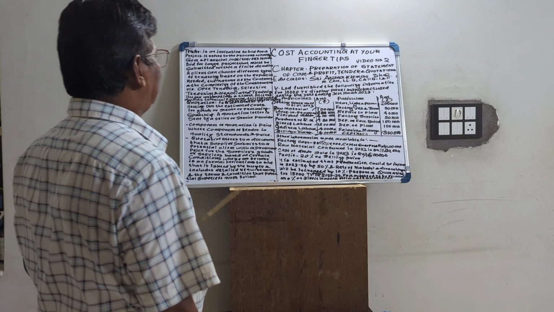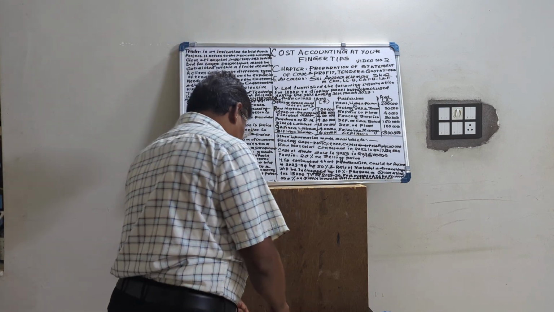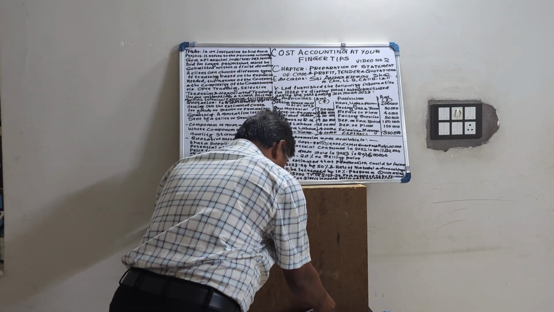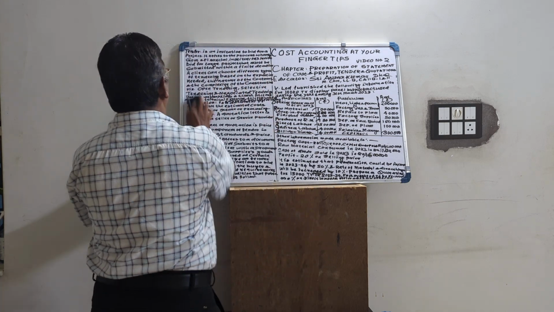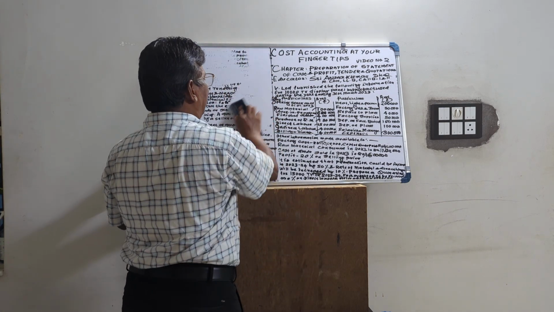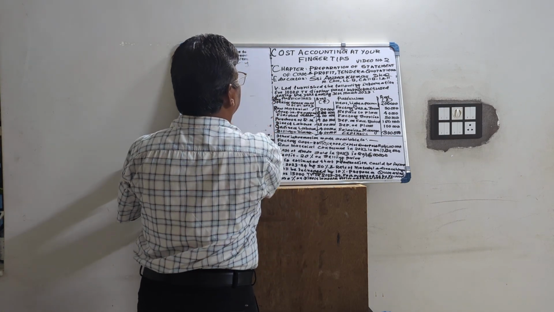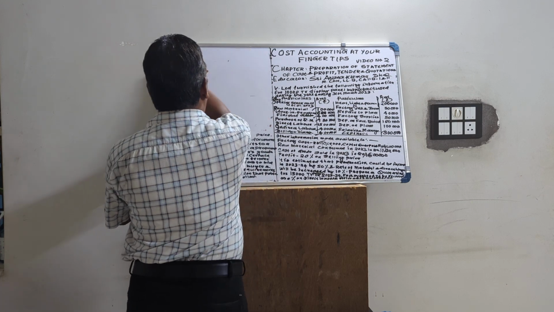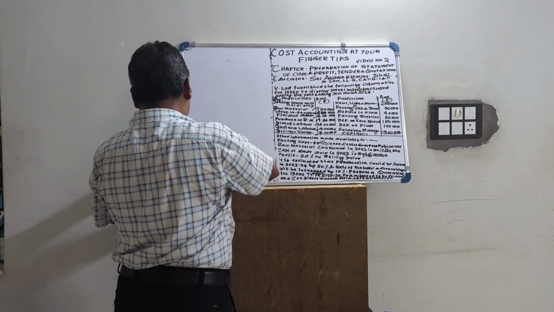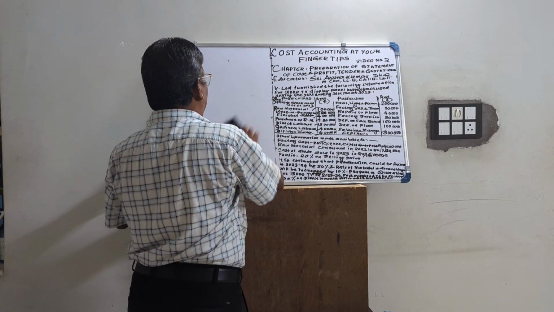We will prepare a statement of cost and profits for 10,000 TV display panels. Here we will take 3 columns.